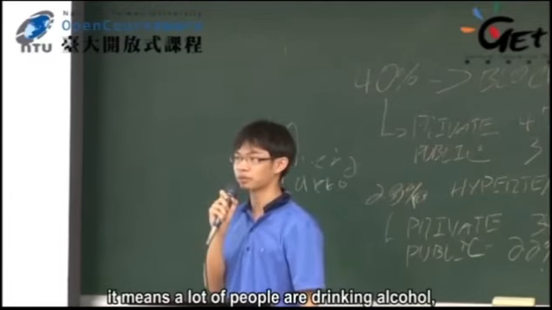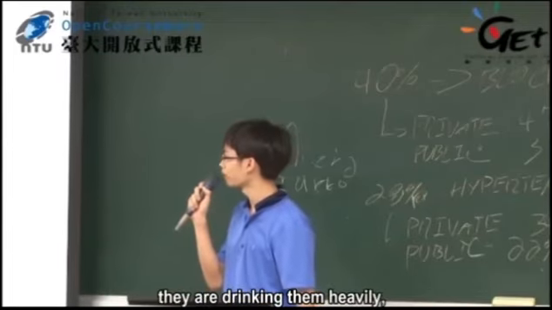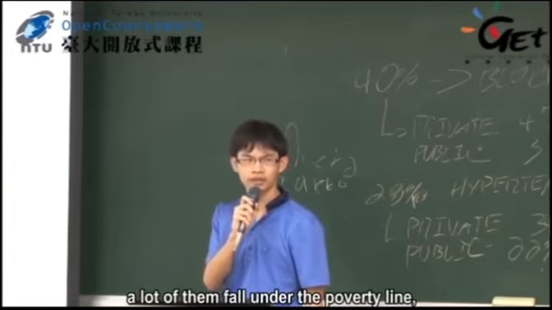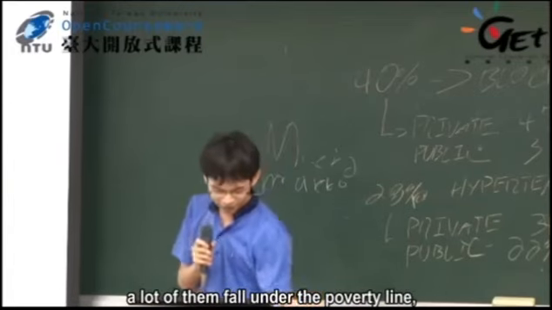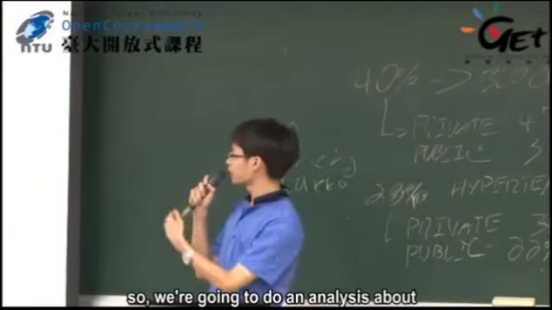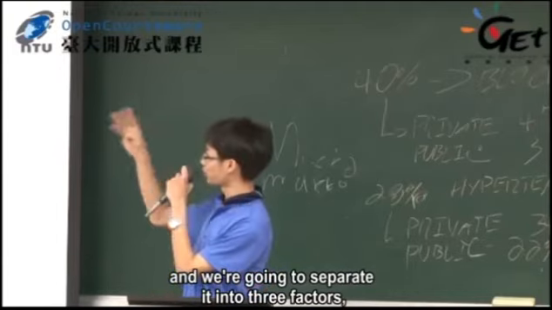It means a lot of people are drinking alcohol, and not just drinking it, they're drinking heavily. And a lot of these alcoholics fall under the poverty line. So we're going to analyze what caused this problem, and we're going to separate it into 3 factors.